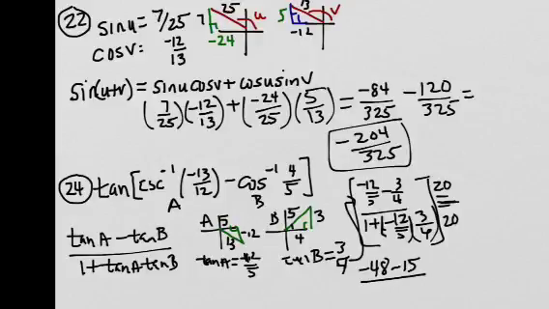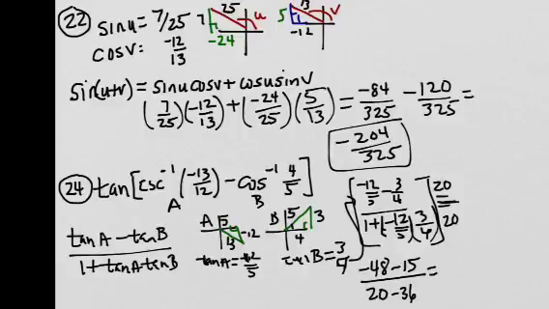Okay, in the denominator, I'm going to distribute the 20 with the 1. So 1 times 20, nothing cancels, so you just have 20. And then I'm going to distribute the 20 with this product right here. Remember, these are multiplied together. So the 5 and the 4 cancel out with the 20. So you're left with negative 36.